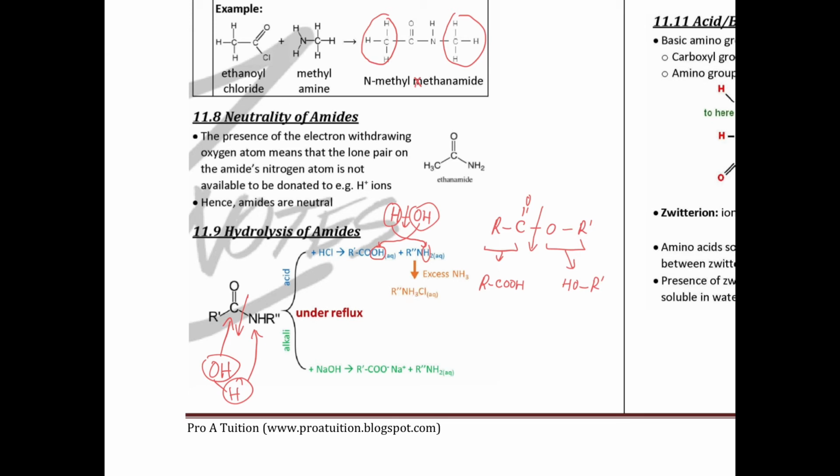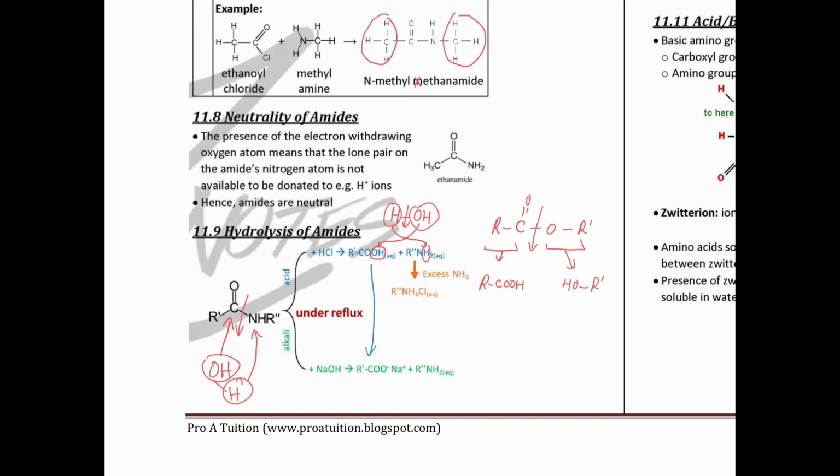We can do it under alkaline condition also, where you put NaOH. The difference is the carboxylic acid that's supposed to form will be neutralized to form salt instead. So basically it is something like this.